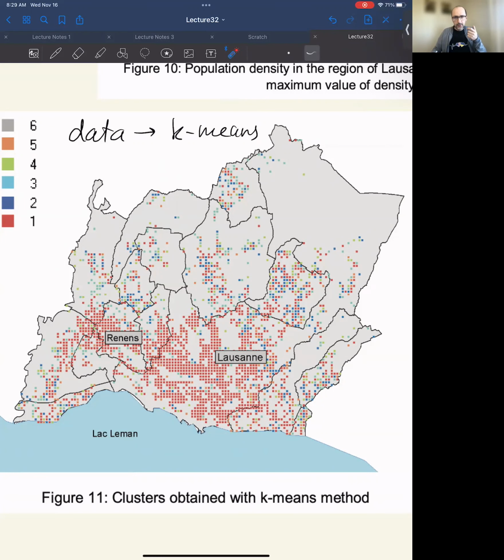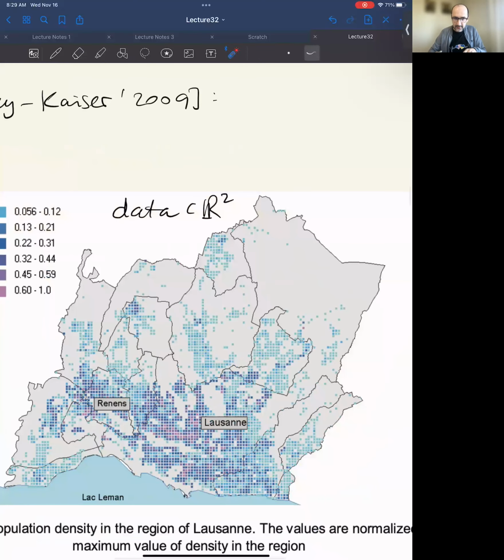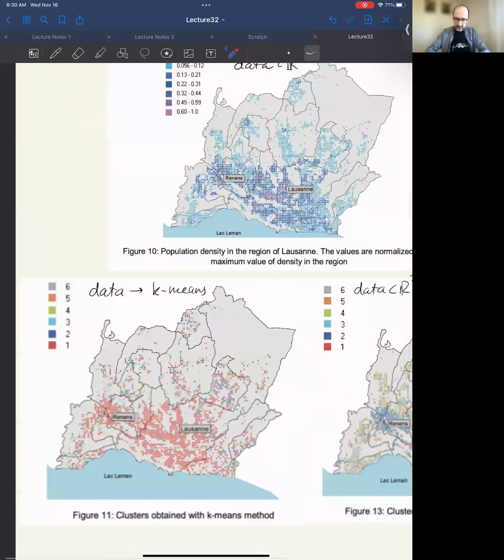Then what they did is what I just suggested. They took this data, they constructed the neighborhood graph from it, and then they spectrally embedded the neighborhood graph back into, maybe R3, for example, RK, and did the k-means on that. So instead of doing k-means on the original data, they factor it through the neighborhood graph. And this is the result.